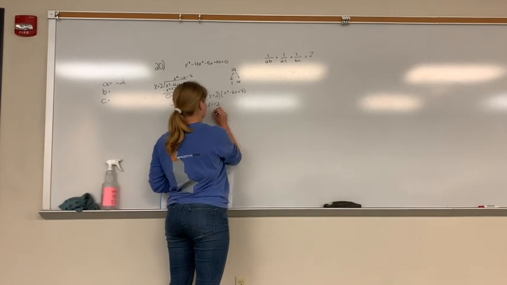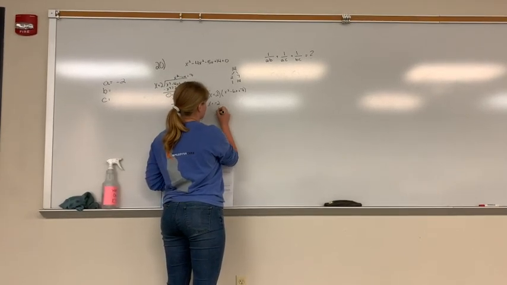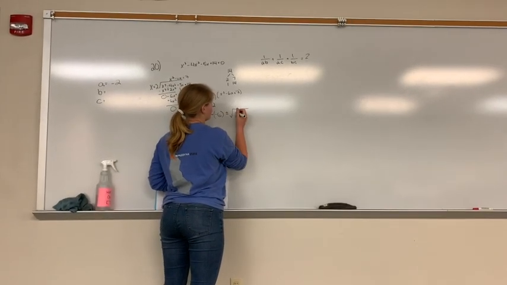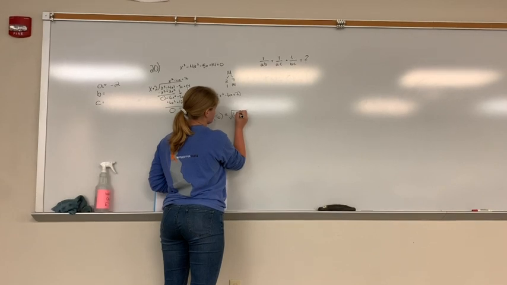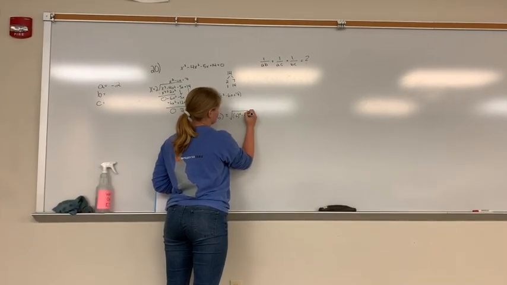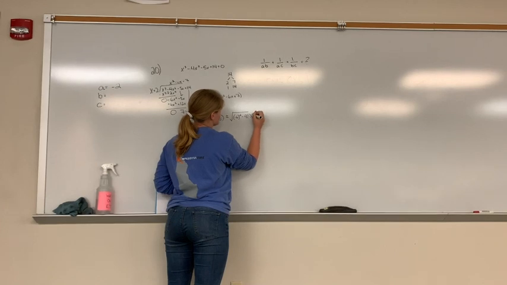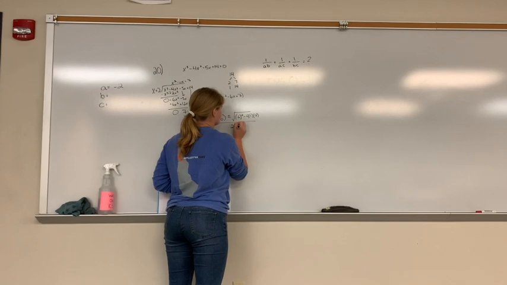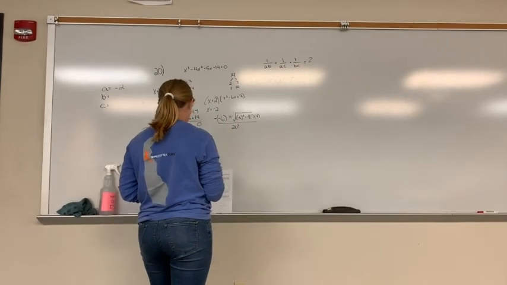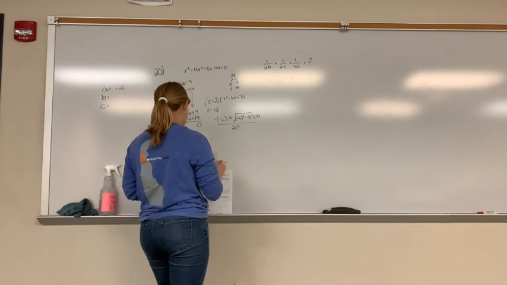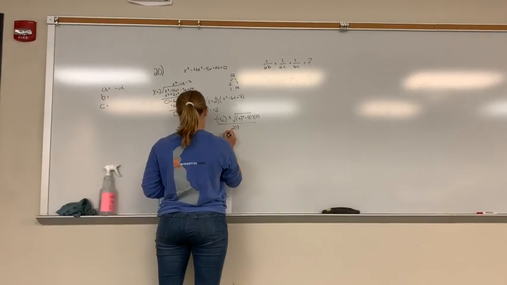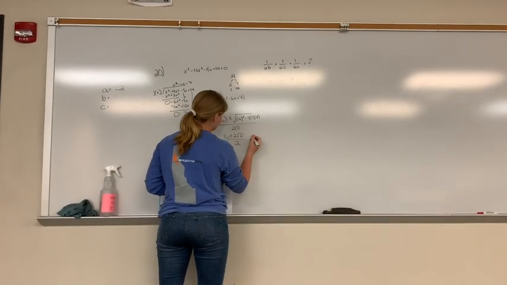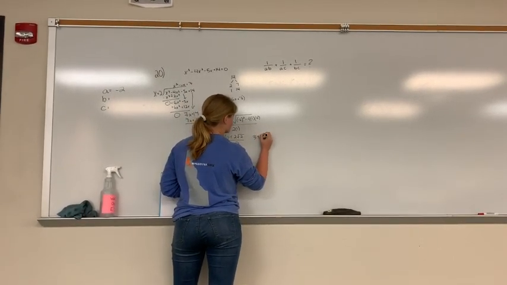So it's going to be negative b. Our b here is negative 6, so negative negative 6 plus or minus the square root of b squared, so negative 6 squared minus 4 times a, which is 1, times c, which is 7, all over 2a, which is 2. What we get from that is 6 plus or minus 2 square root of 2, all over 2, and that simplifies to 3 plus or minus the square root of 2.